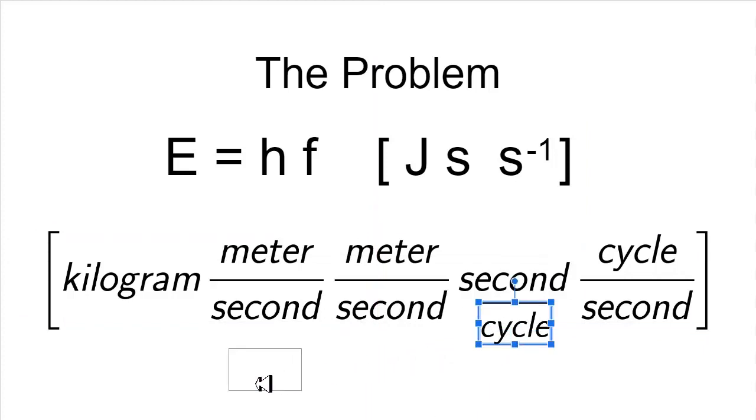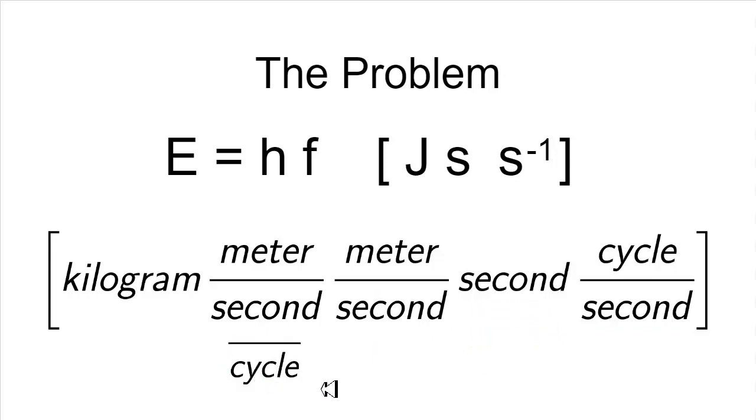So if I put the cycle term here and then associate this with Planck's constant, then you can interpret Planck's constant as the energy per cycle. Okay, and of course, the frequency term is cycle per second. Okay, those are the units. It's really cycles per second because you're likely going to have more than one cycle. But the units are cycle per second. And so all of the units are visible.